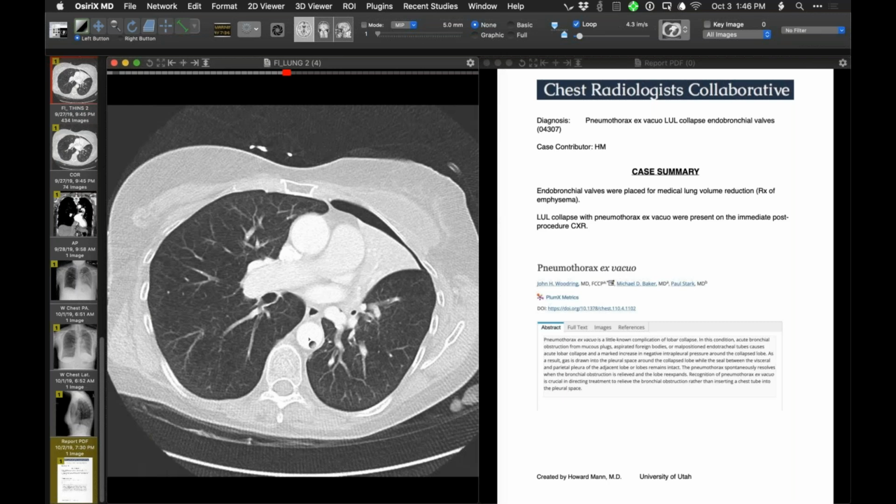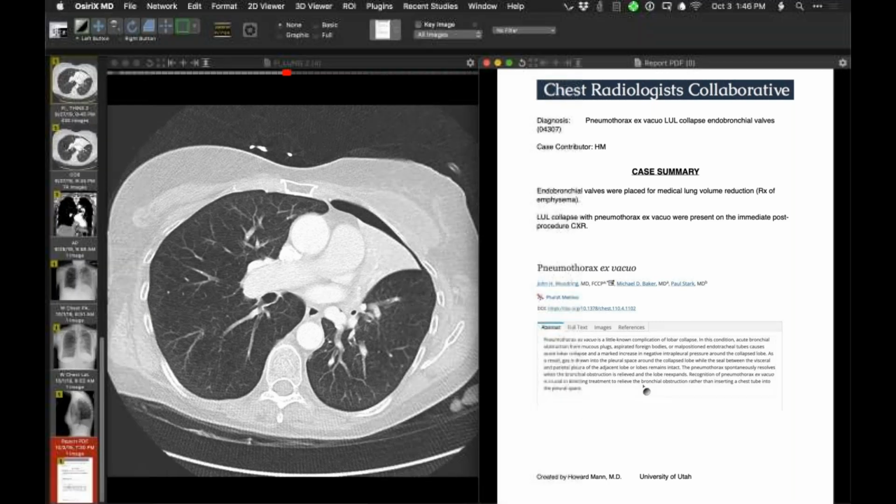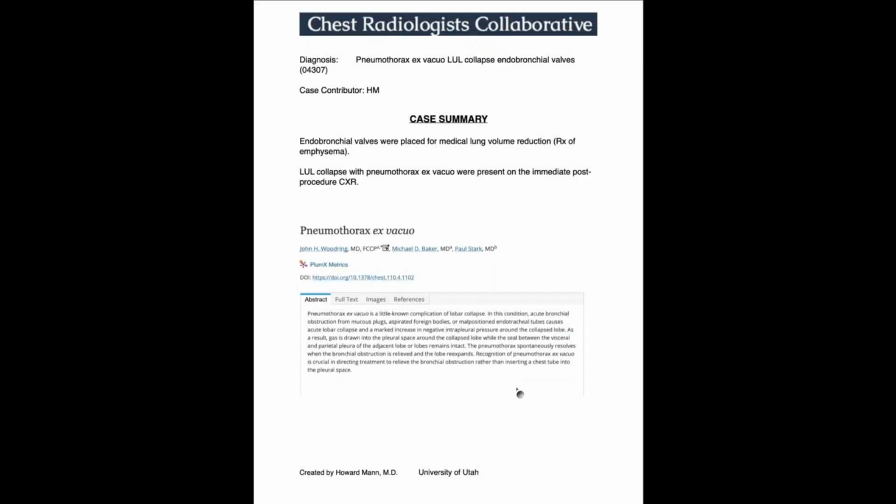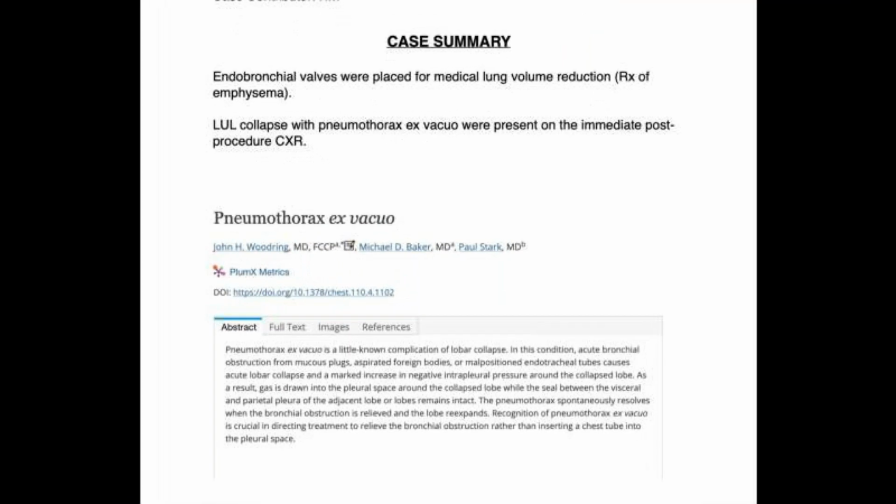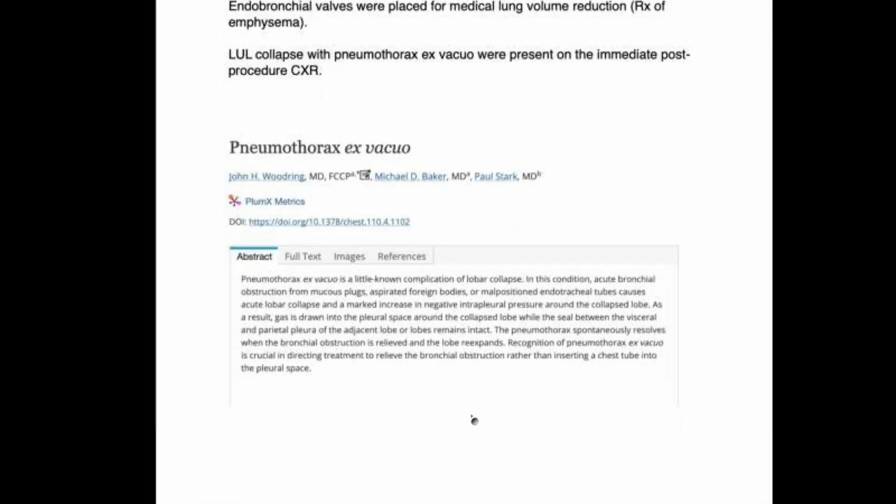I think the patient was rather symptomatic, so I'm not entirely sure why they put in a pleural drain, because if you look at this article, which as far as I know is the classic article about pneumothorax ex vacuo, you don't need to put in, and really shouldn't put in, a chest tube, because the ex vacuo pneumothorax is a consequence of the volume loss, not because of the breach of the visceral pleura.